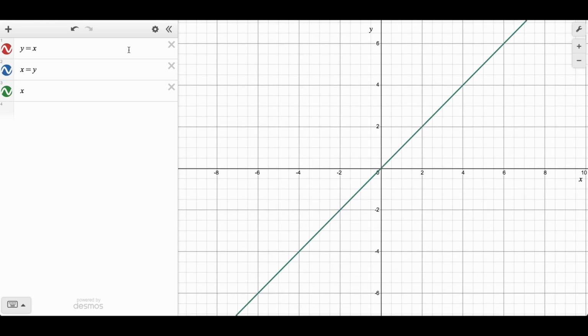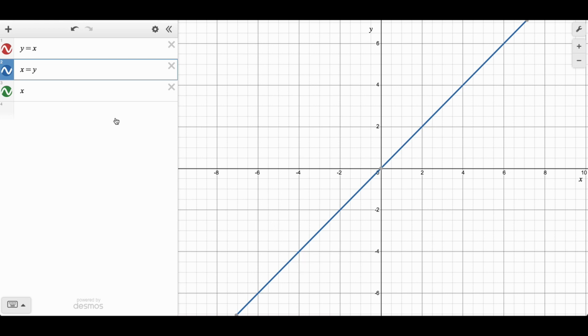That's because I've specified it here. y must be equal to x for this equation to be true. So that's what this is showing. When x is equal to -4.23, as shown here, y is equal to -4.23 as well.